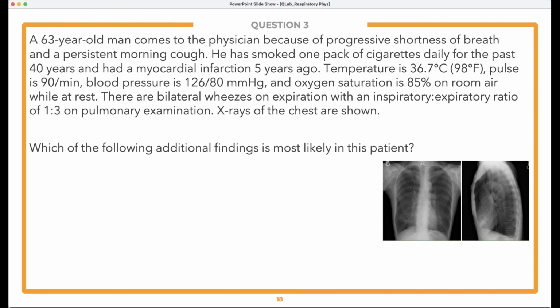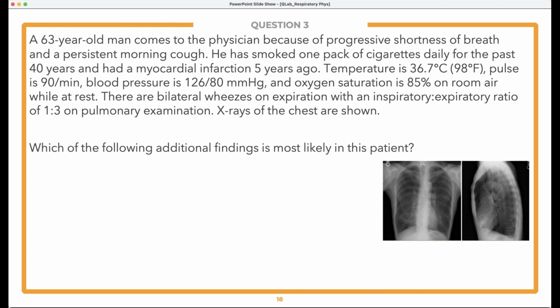A 63-year-old man comes to the physician because of progressive shortness of breath and a persistent morning cough. He has smoked 1 pack of cigarettes daily for the past 40 years and had a myocardial infarction 5 years ago. Temperature is 36.7, pulse is 90, blood pressure is 126/80, oxygen saturation is 85% on room air while at rest.